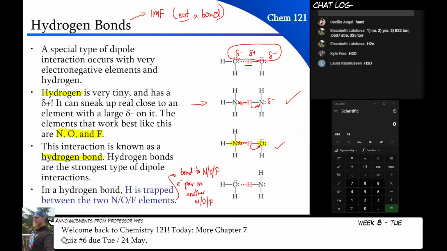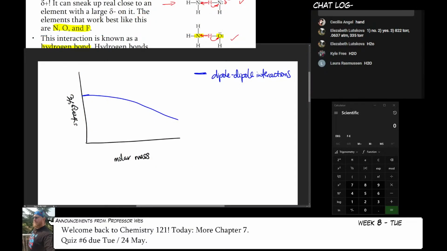So if you meet those requirements, you have hydrogen bonded to N, O, or F, and you're pointing it at an electron pair on another N, O, or F, you can form a hydrogen bond. Now, like we said, hydrogen bonds are really powerful, so we'll get a new color here.